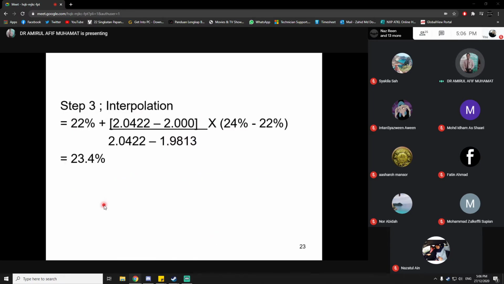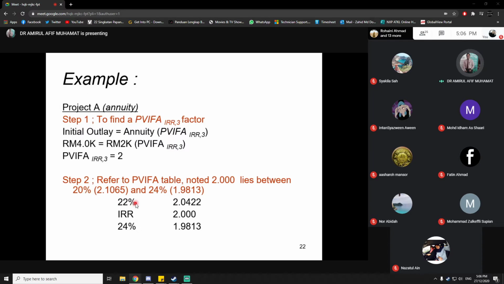The third step: the lowest percentage here, 22%, has the biggest factor.